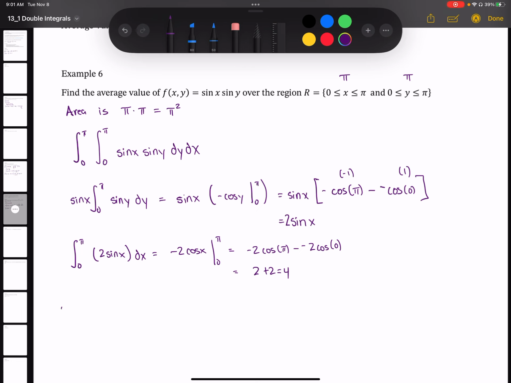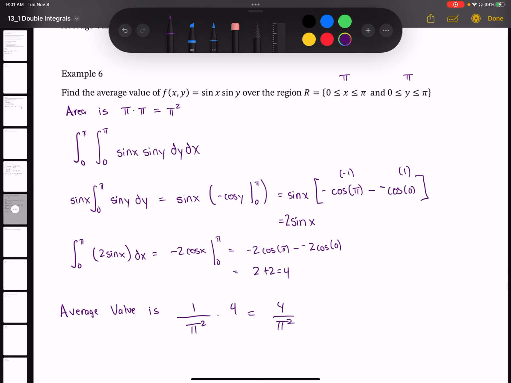So the average value is 1 over pi squared times our volume, which is 4, which is just 4 over pi squared.